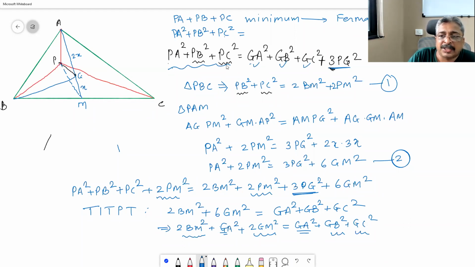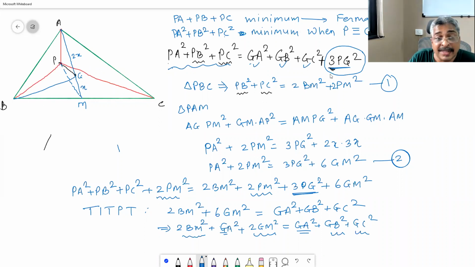You can make the LHS minimum by making this term equal to 0. So PA square plus PB square plus PC square is minimum when P coincides with G, the centroid.